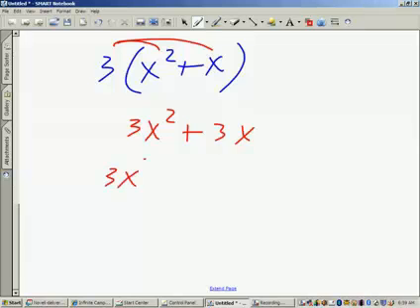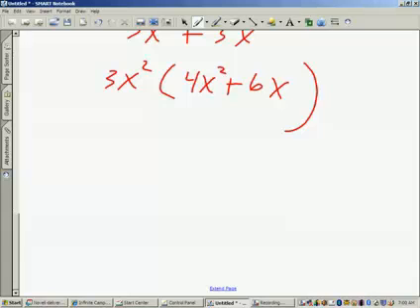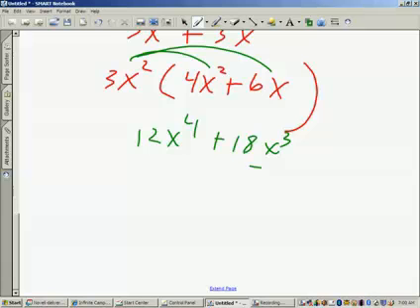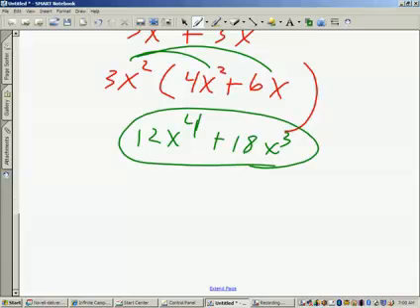I can go 3x squared, open parentheses, 4x squared plus 6x, close parentheses. When I distribute that 3x squared through, I get 3 times 4 is 12, x to the 4th, plus 18x to the 3rd.